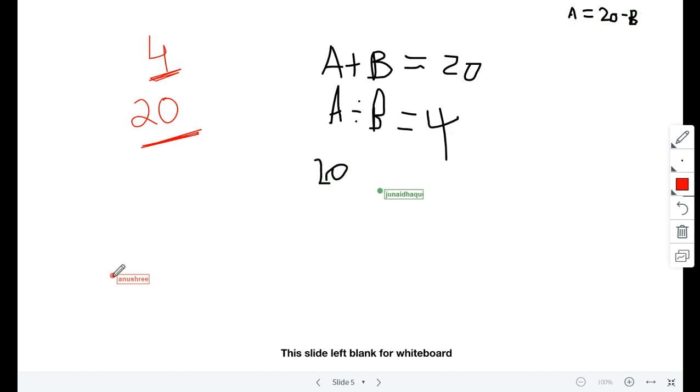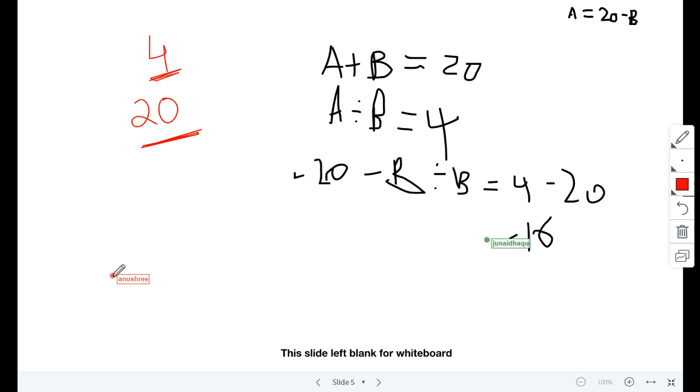So 20 minus B divided by B equals 4. Minus 20 from here. Minus 15 equals minus 8 divided by B.